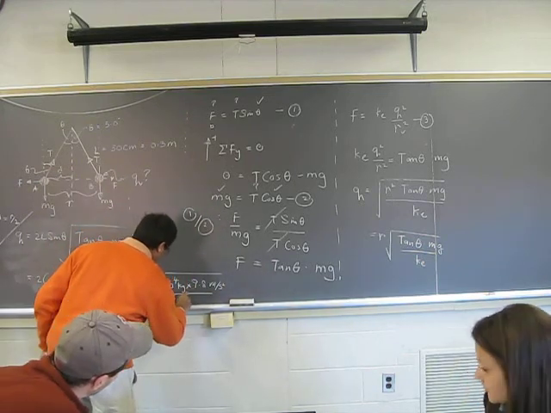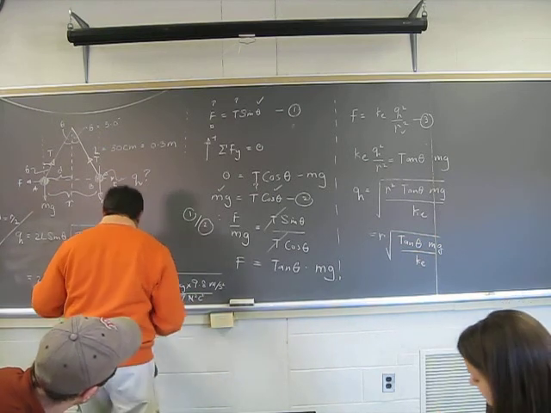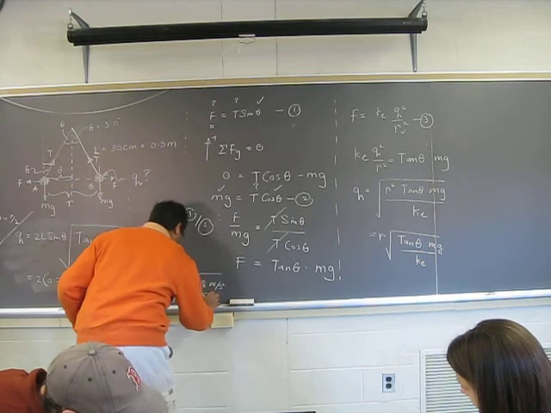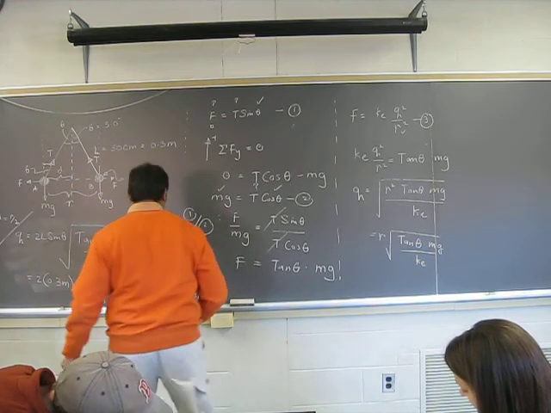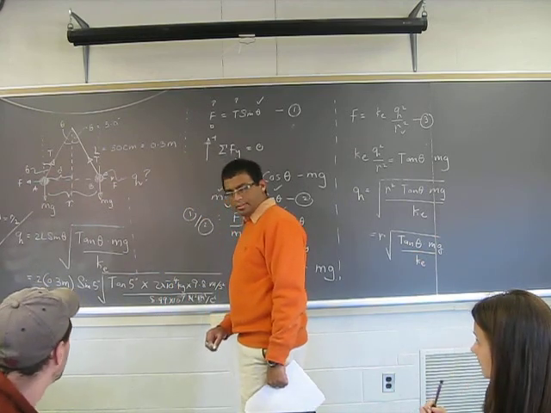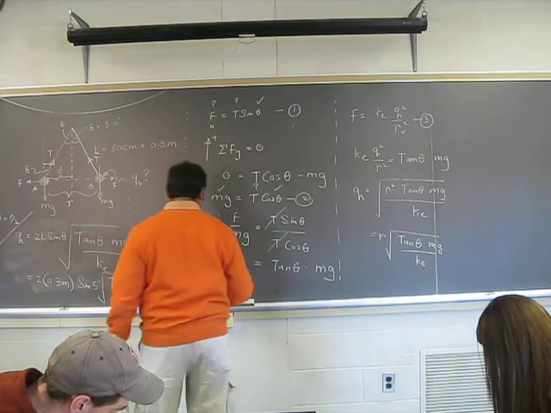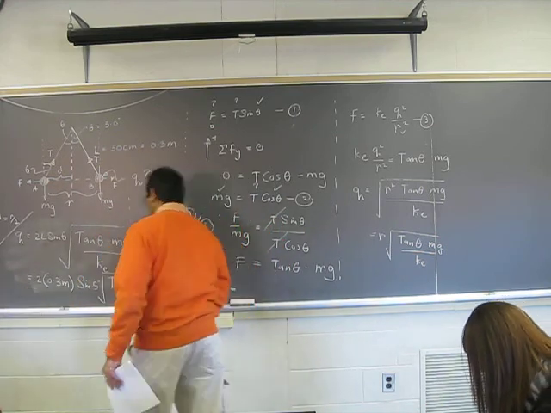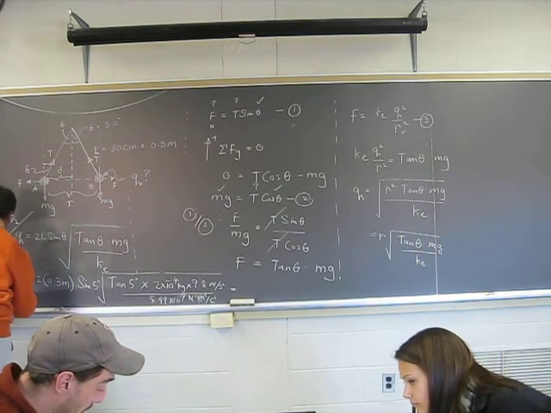Not negative, it's positive. Newton square, Coulomb square, meter square. Meter square divided by Coulomb square. Keep the units clear and correct all the time. So now what? Just solve everything out and you can find what is Q.